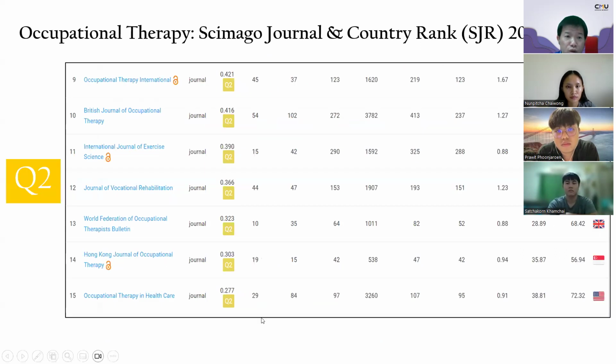Okay, the British Journal used to be quartile 1. It's competitive every year, every 4 months. This period it used to be in quartile 1.